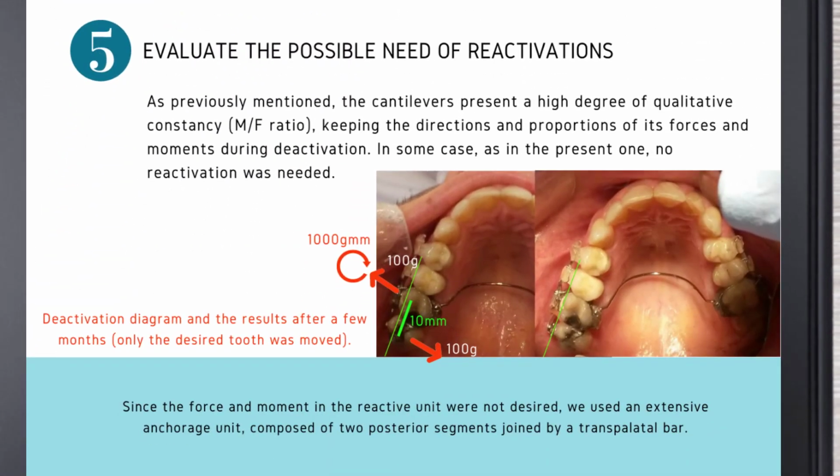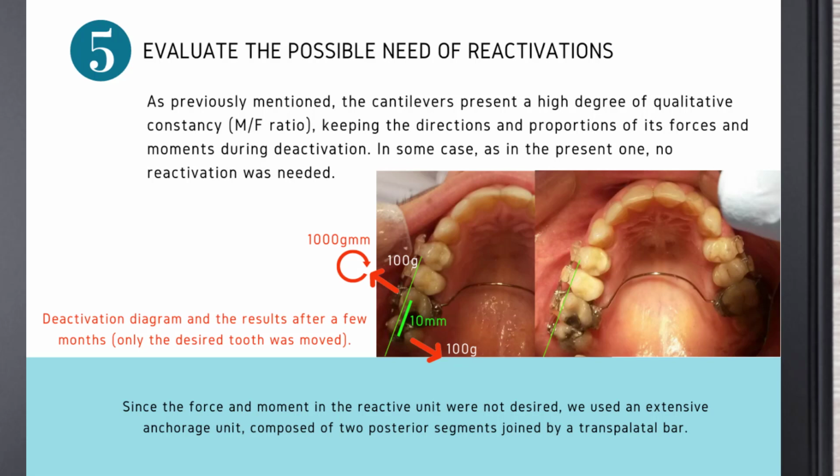Finally, in step 5, we will evaluate the possible need of reactivations. As previously mentioned, the cantilevers present a high degree of qualitative constancy, keeping the directions and proportions of its forces and moments during the deactivation. In some cases, as in the present one, no reactivation was needed.